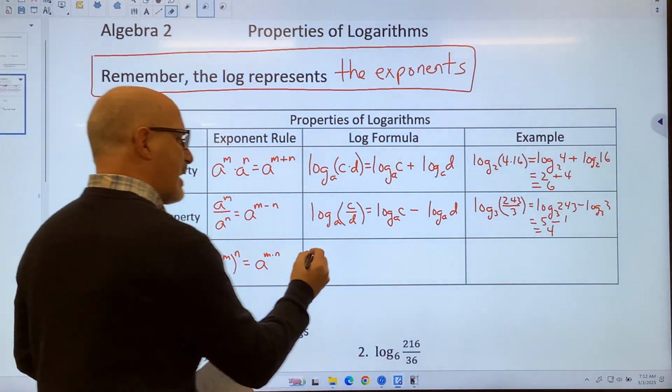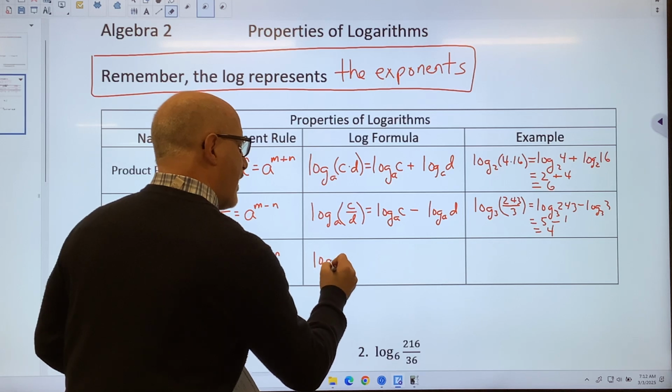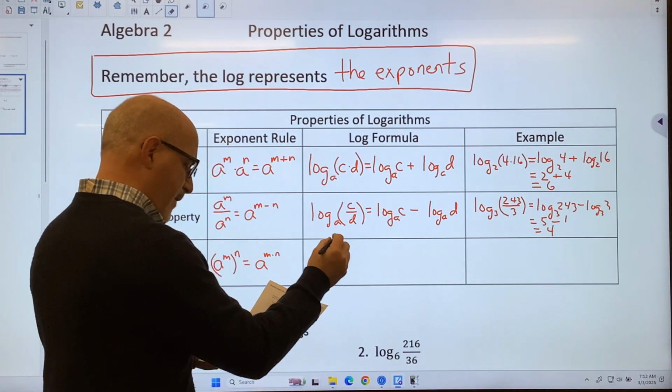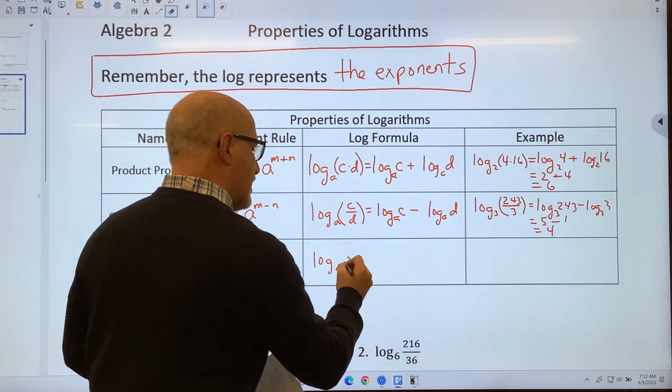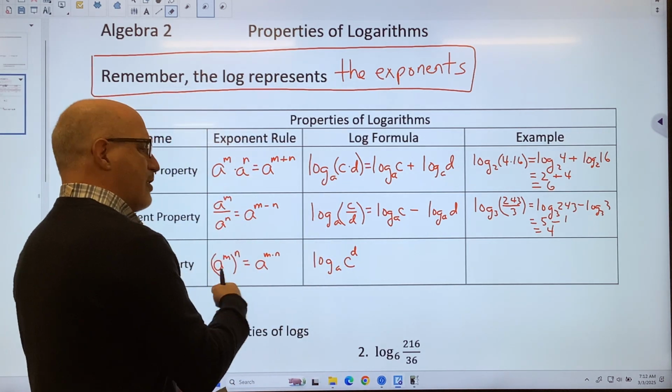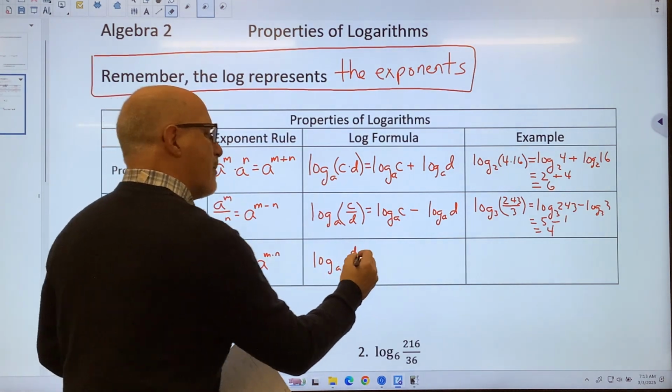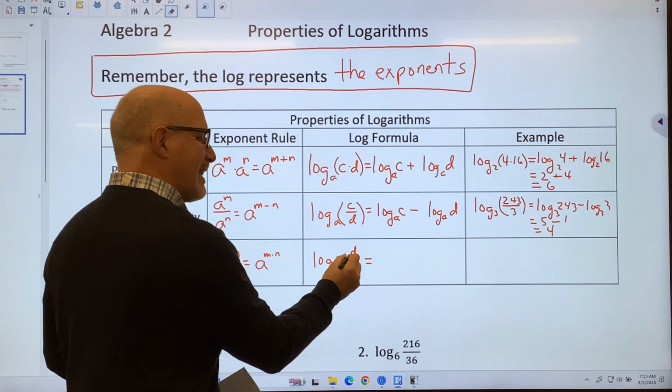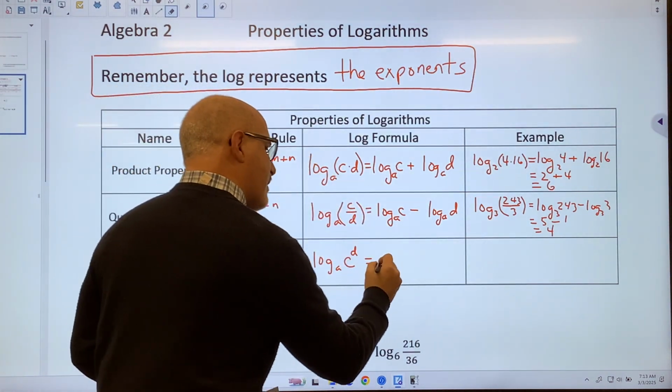Well, how that looks in a log problem, if I have log base a, and if I put c to the d power here, so notice I've got an exponent, something to an exponent power. What that allows me to do is take that d and multiply it in front.